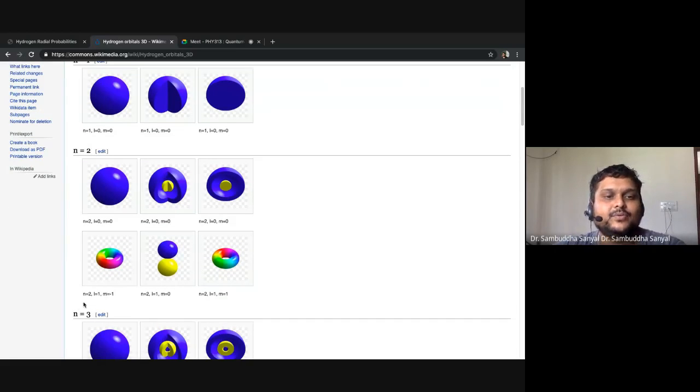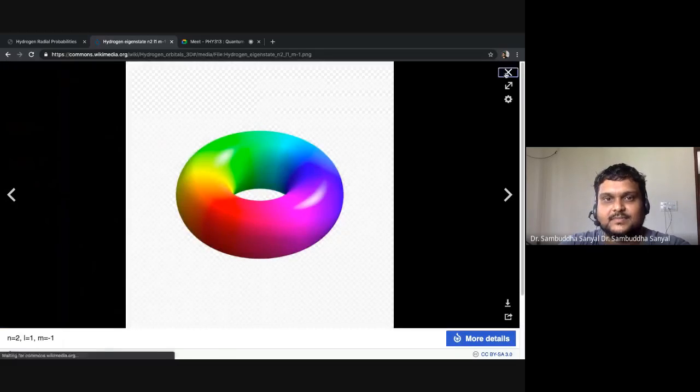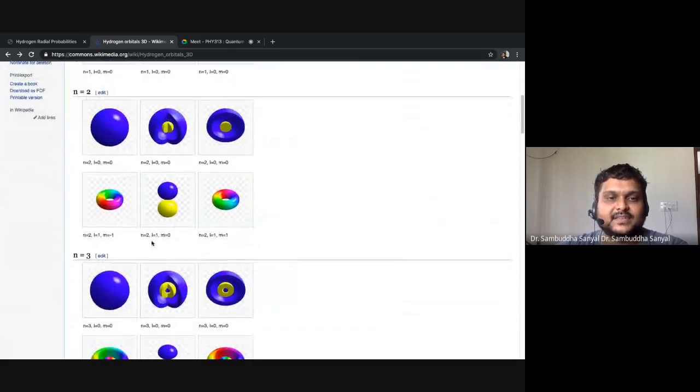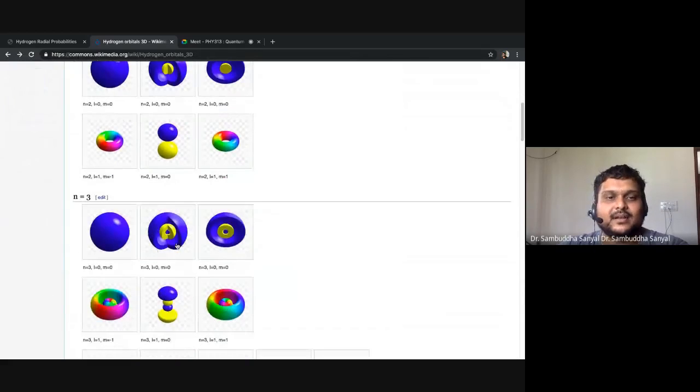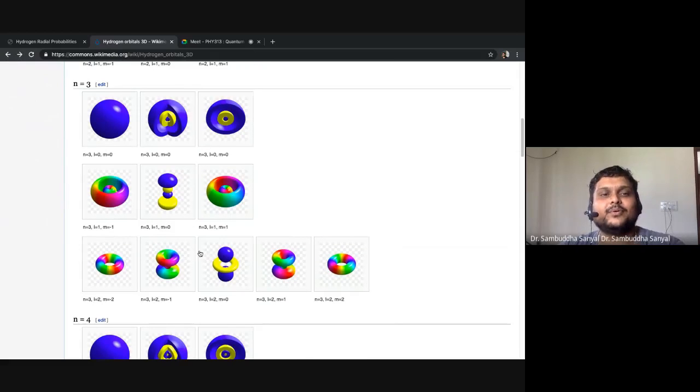Similarly, n equal to 2, l equal to 1, m going to minus 1, 0, and plus 1, they will have these three structures. And n equal to 3 will have some structure like this. So this is how the probability cloud looks.